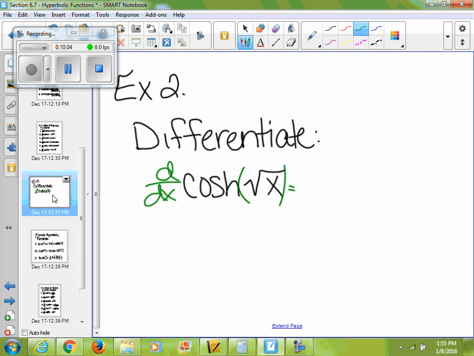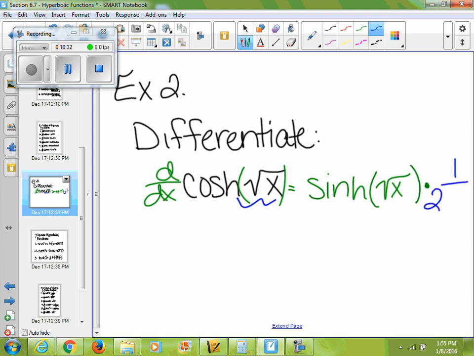So, Mikey, what's the derivative of the hyperbolic cosine function? The hyperbolic sine function, right? Yep, okay, so the outside would become the hyperbolic sine of the square root of x times the derivative of the inside, and my inside is just the square root of x. And the derivative of the square root of x is 1 over 2 square root of x.